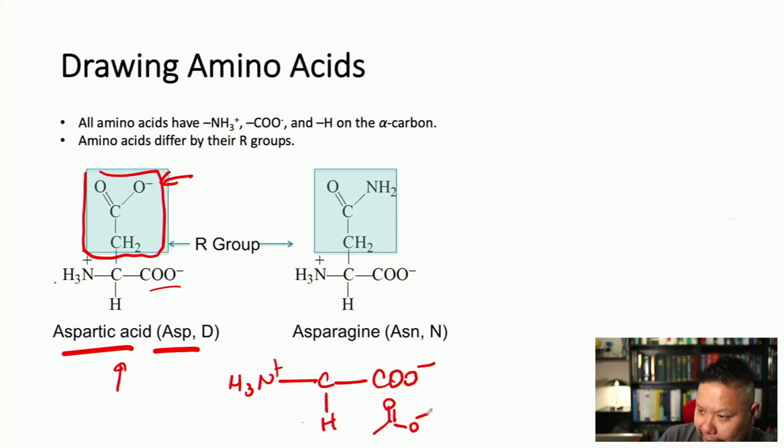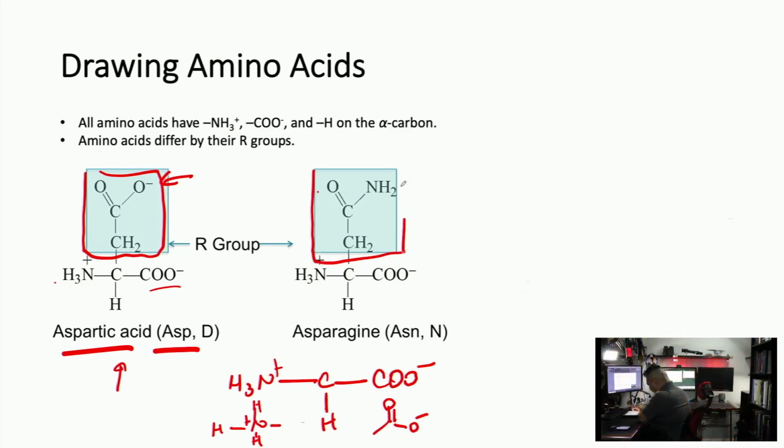And that may not look like an amine, an ammonium, right there, but it could also be this. You can also draw it this way. Same thing here. Look, you see the asparagine? I already said that before. Same thing as aspartate, except it's an amide instead of a carboxylate, right?